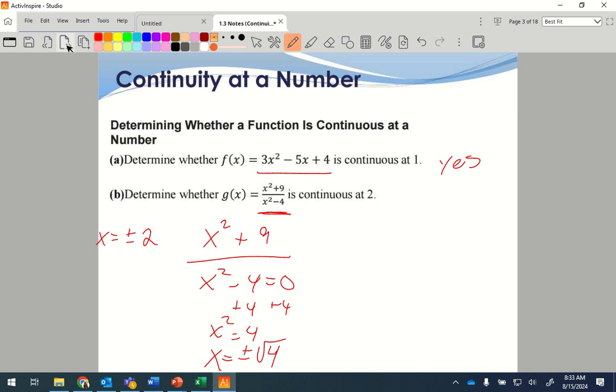Now, the other way, I would write it as x squared plus 9 over x plus 2, x minus 2. I think the factoring way actually is a little bit more, because that step right there, that's what gets like 90% of people, and they forget.